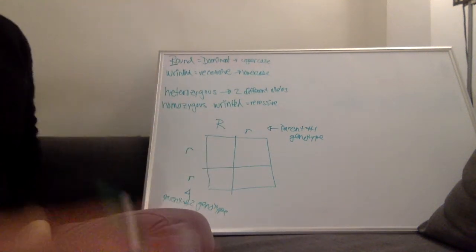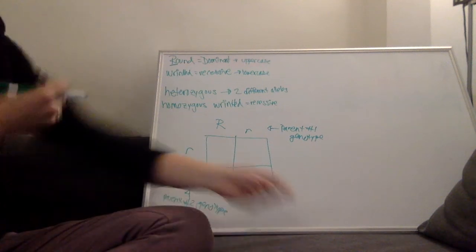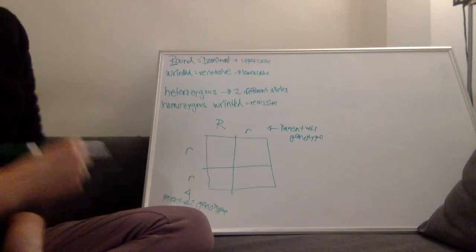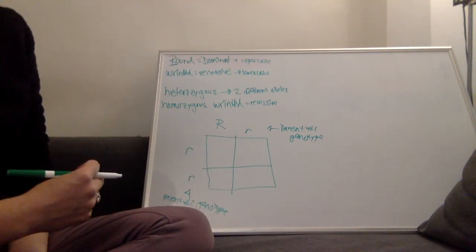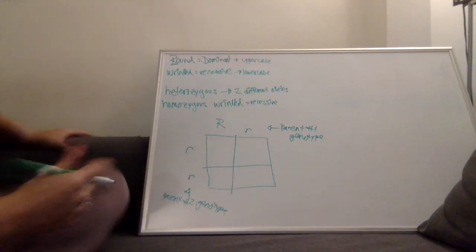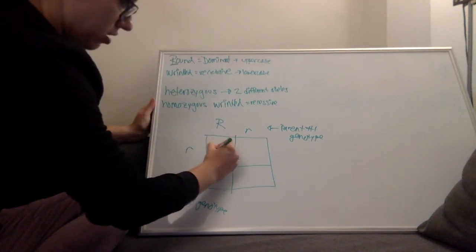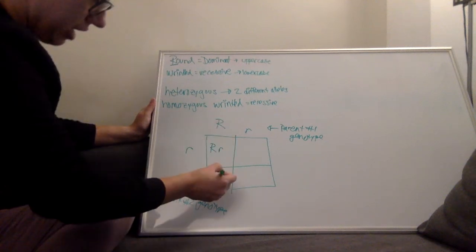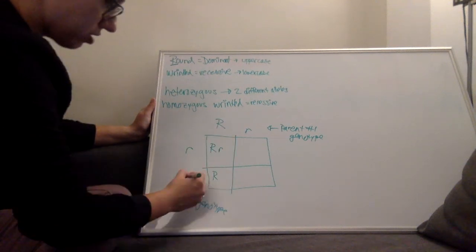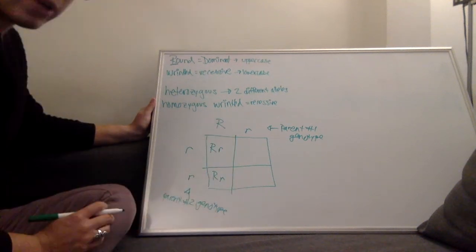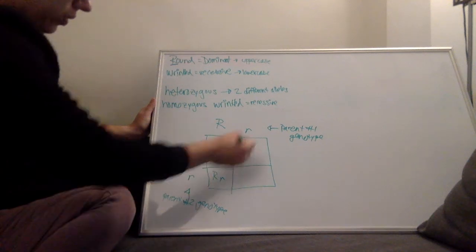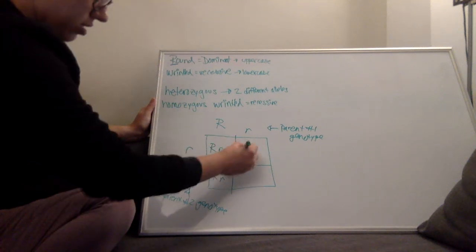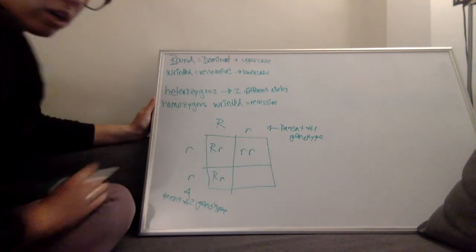Okay? Now we just cross these, okay? So we bring down this r. We always put the uppercase letter in the front. So we're going to have uppercase R, lowercase r. Bring this down again, because it's in the same box. Uppercase R, bring this one over. Lowercase r. Now in this box, we have lowercase r, lowercase r.